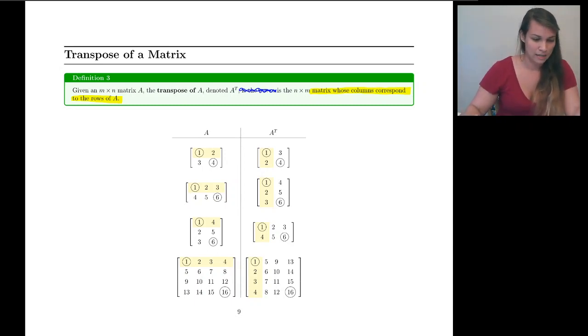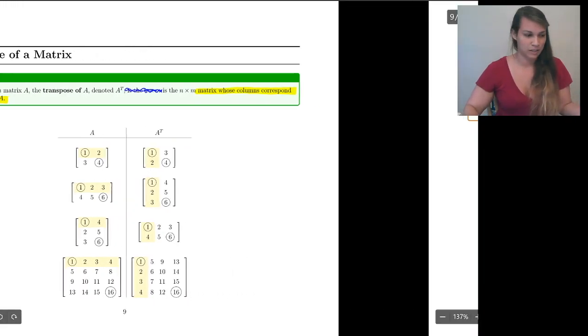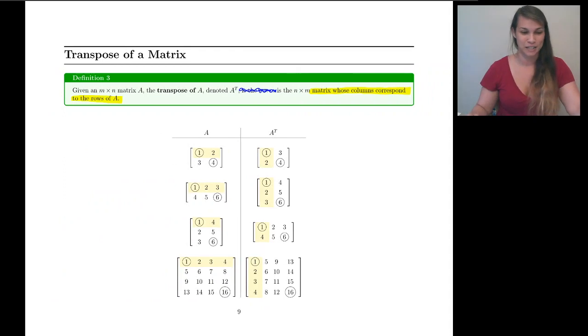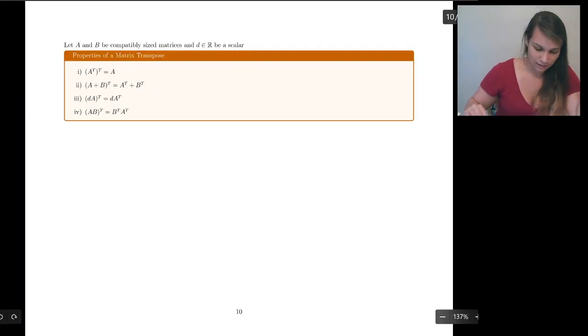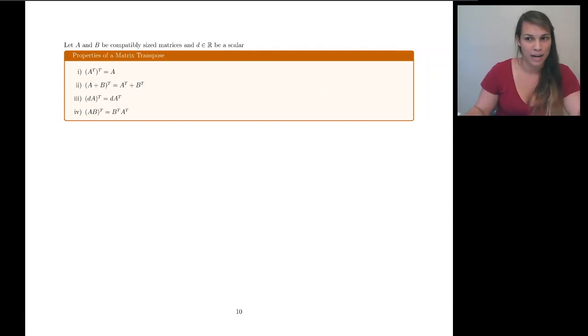But let's discuss some properties of matrix transposes now that we hopefully know what a matrix transpose is. Once again, we've got A and B, which need to be compatibly sized matrices depending on if we're adding or multiplying them.